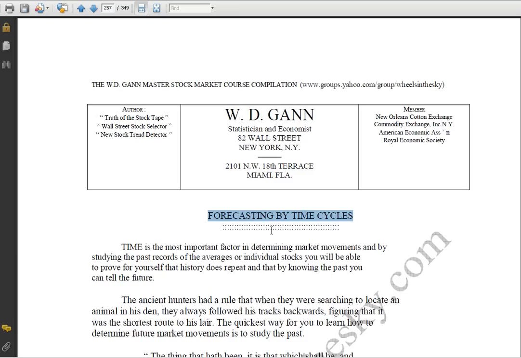Here's the key that almost everyone's missing. Gann did not, in his master courses, tell us what a time cycle is or how it works. Meaning, what he's doing here in the master courses is explaining what to do with it.